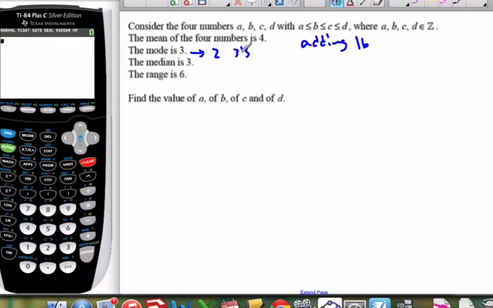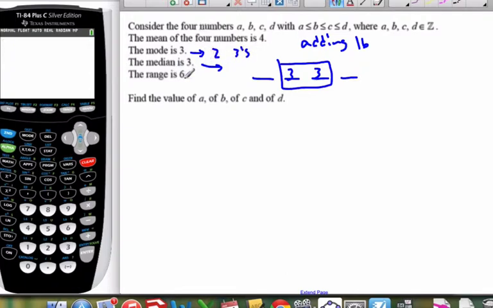I have to have multiple 3s. The median is 3. So if I have 4 numbers, these two in the middle both have to be 3 so that the average of those two is 3. So I know I have two 3s for sure, maybe three 3s.